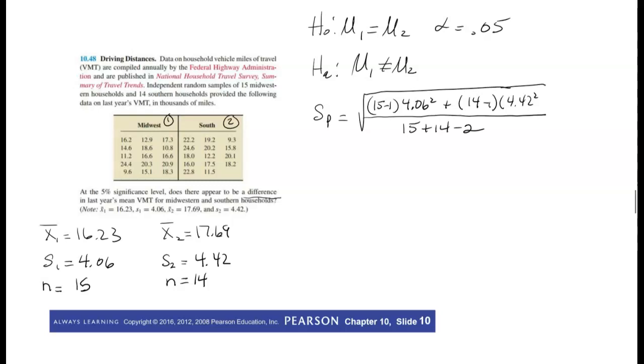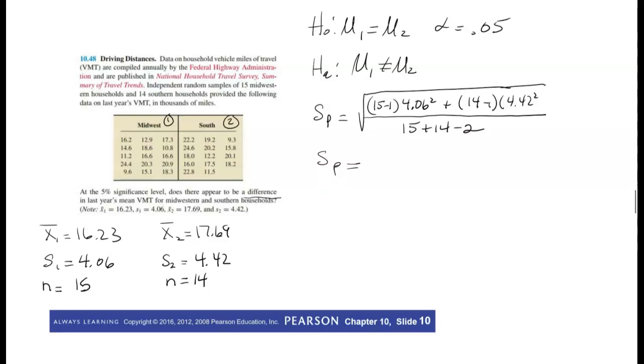It's a pooled standard deviation, so your calculation has to fall between your two standard deviations. It's going to be between 4.06 and 4.42, slightly closer to the one that's weighted more, in this case the 4.06, because it has a slightly bigger sample size.